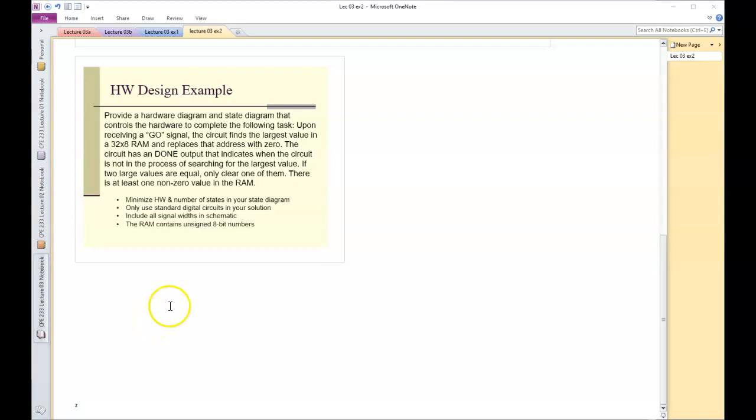Other things I need in this circuit: obviously I am going to be comparing the current value with the previous value, so I need a comparator. And of course this is going to be controlled by a state machine as well. Anytime you're doing algorithms such as this, it simplifies the hardware if you take a generic approach.